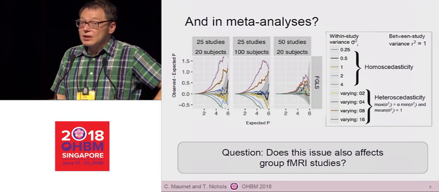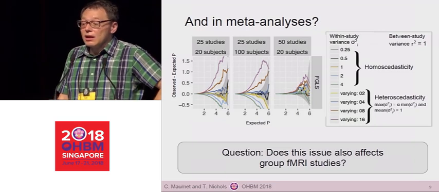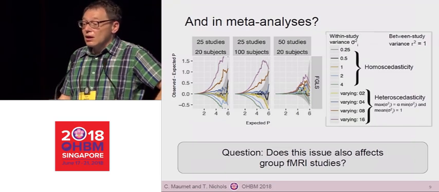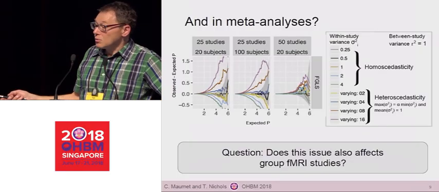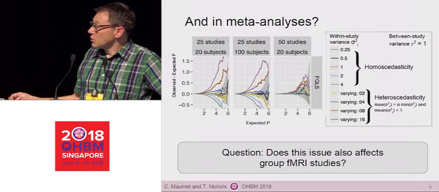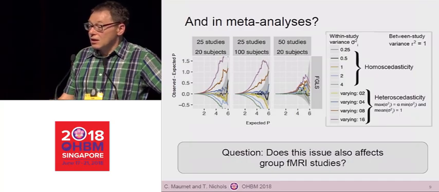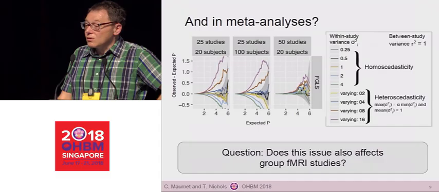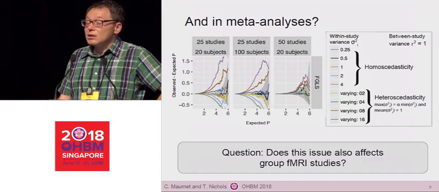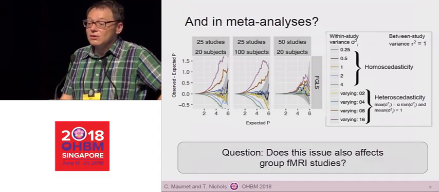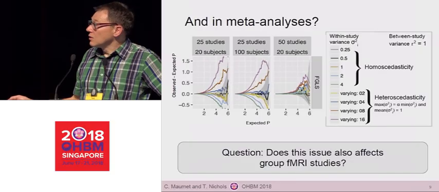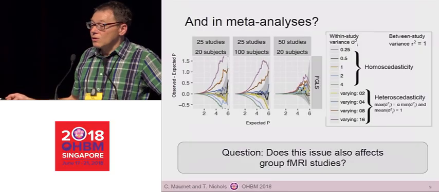However, if you have heterogeneity, so a range of different variances in a group of studies you're trying to combine, as illustrated here, you actually see that these are inflated. So this is showing that what should be the best practice way to combine studies leads to inflated error, and only gets better when you have 50 studies.